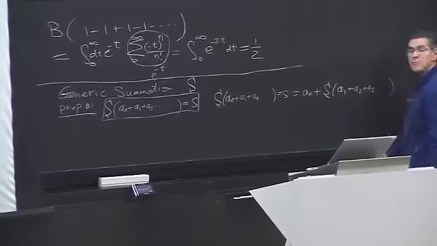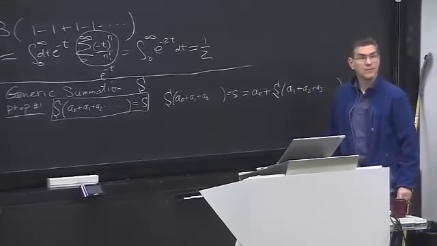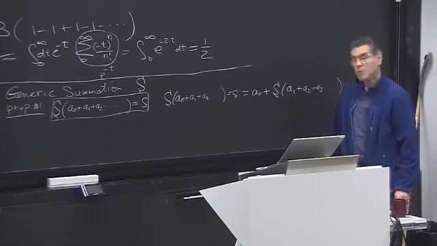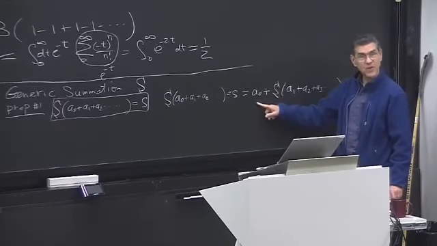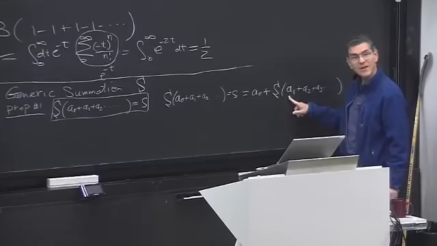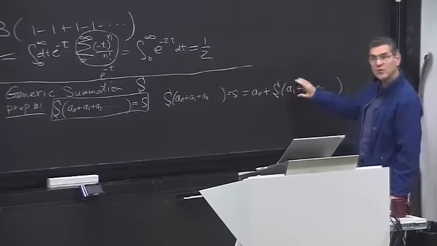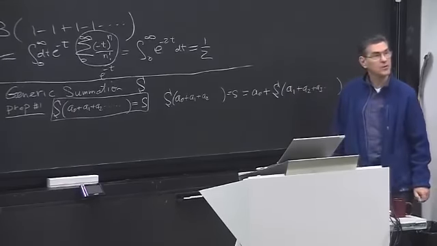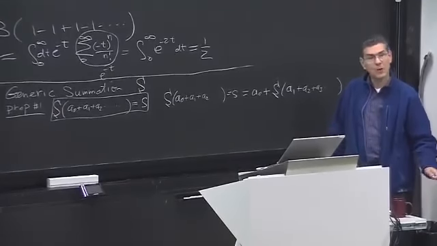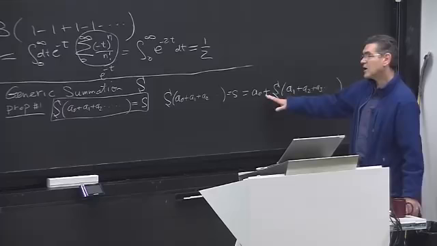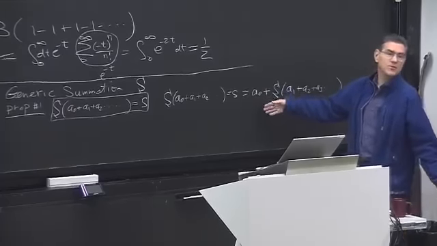Otherwise, this doesn't make sense. So I'm only doing a finite number of additions here. I'm just adding the first number to what you get, if you apply the machine to the rest of the numbers in the series. Does everybody understand? If we don't have this property, then this is perfectly silly.